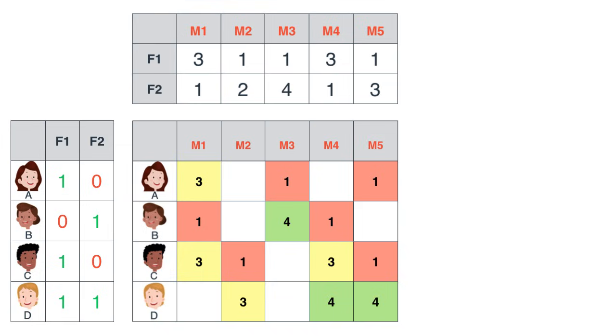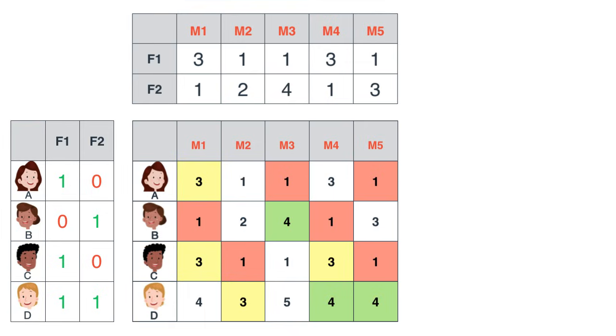But anyway, once we are able to find these two matrices whose product approximates this matrix, then we can actually fill in the blanks by taking the dot products of rows and columns. So we fill in the blanks like this. So these white ones are the predicted ratings for each user and movie that don't exist yet.